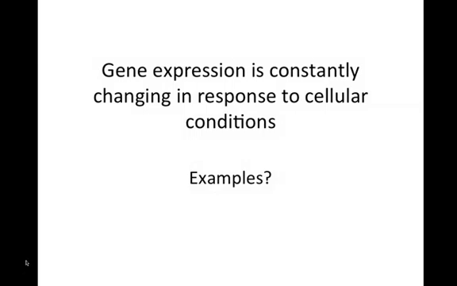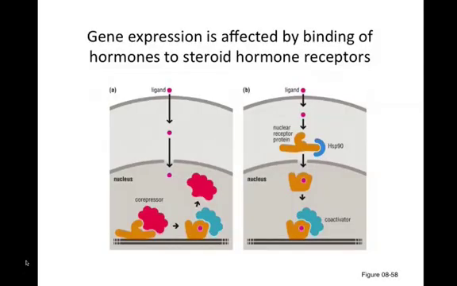Anything that makes the cell unhappy, or anything that the cell needs to respond to. Pretty much any change is going to want to regulate how it's acting. Any change, absolutely. Nutrition, environment. There are pathways for sensing metabolites, so you know if the environment is favorable to go into cell cycle, right? Especially if you're bacteria.